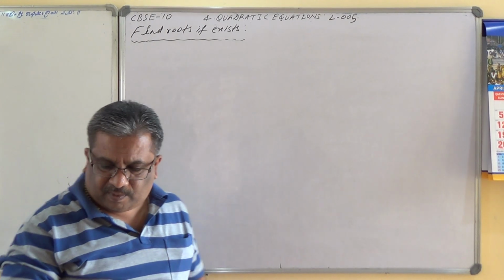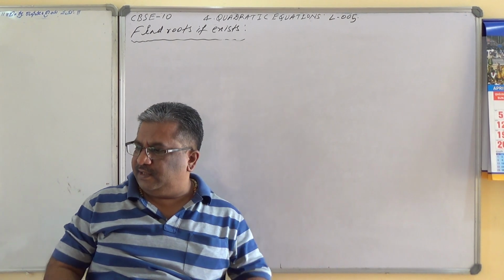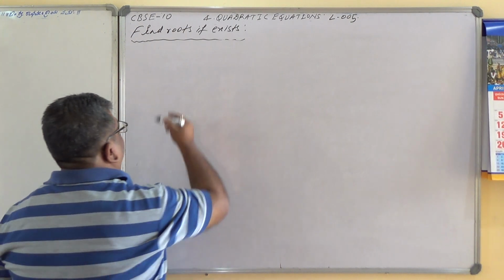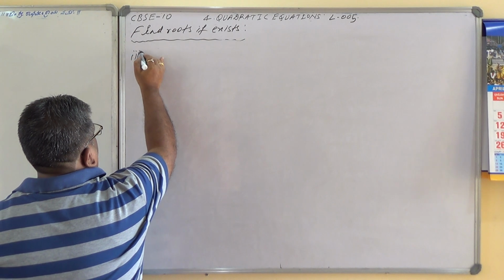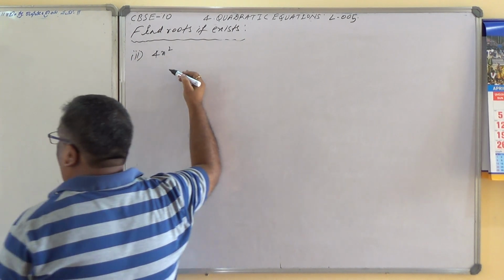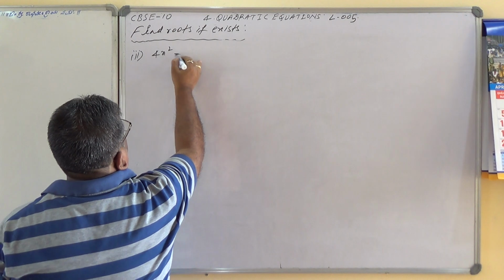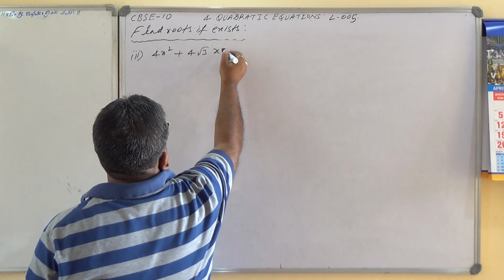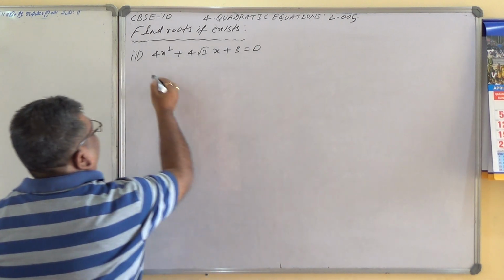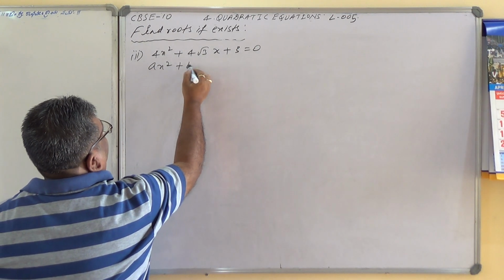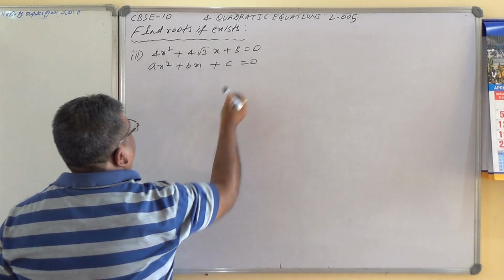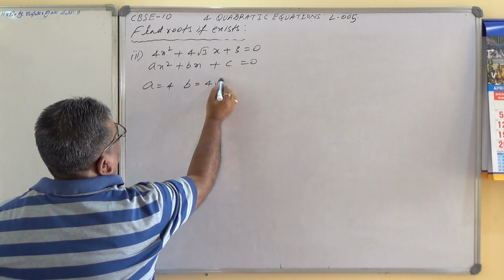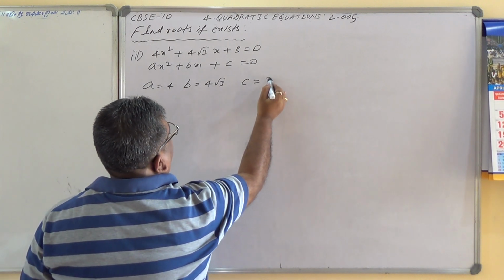Let me take one more example, the third question in the same exercise 4.3: 4x square plus 4 root 3 x plus 3. By comparing this with ax square plus bx plus c equals 0, I get the value of a as 4, b as 4 root 3, and c as 3 here.